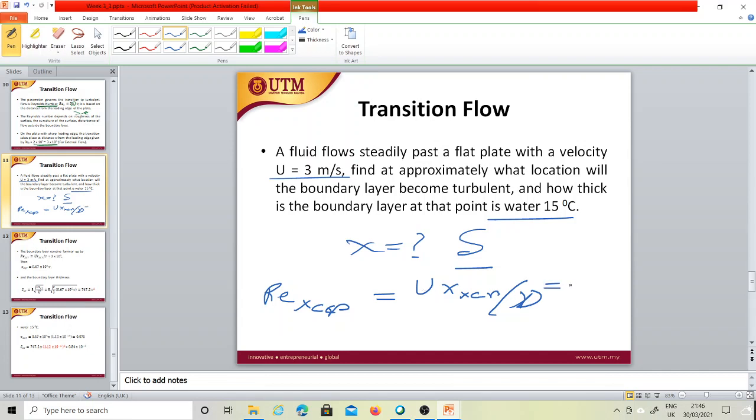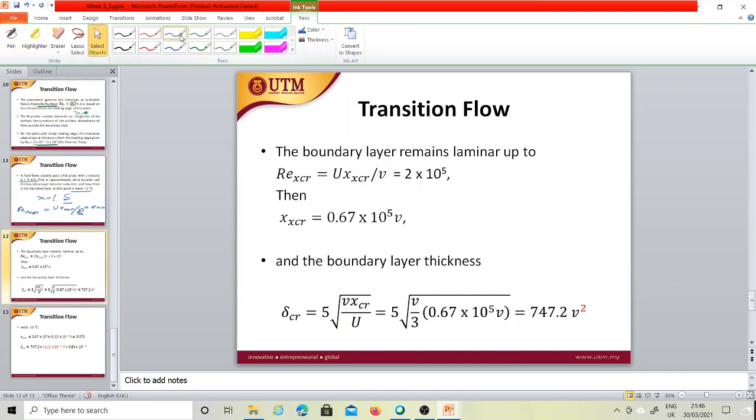So this is equal to 2 into 10 to the power 5. You already know the viscosity in this case. If you don't know, just put the value like mu, as shown in the example. So x critical is a function of viscosity. Depending on the viscosity, you can determine the position x at which your laminar flow turns to turbulent flow.